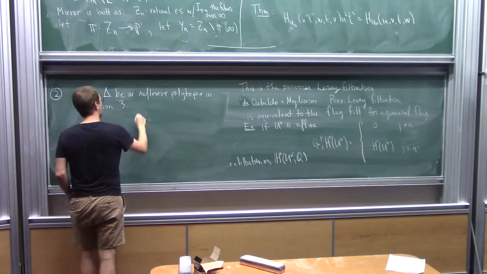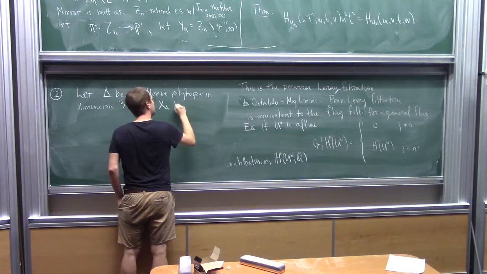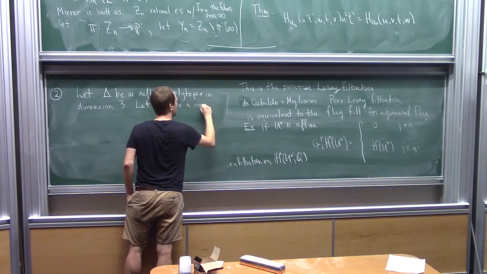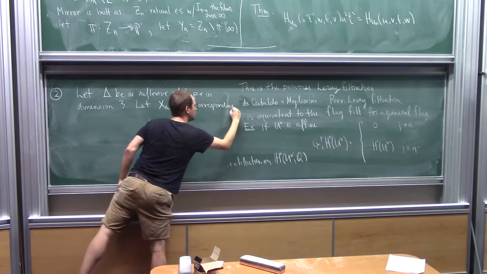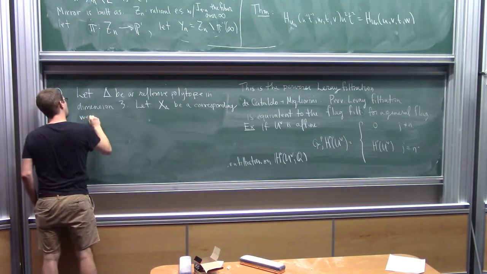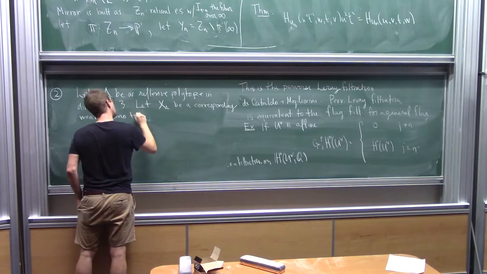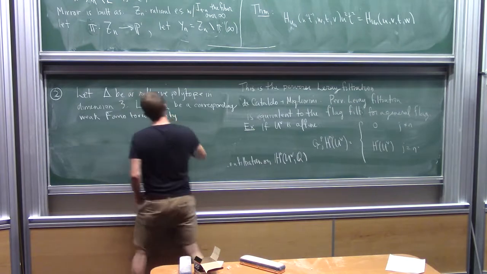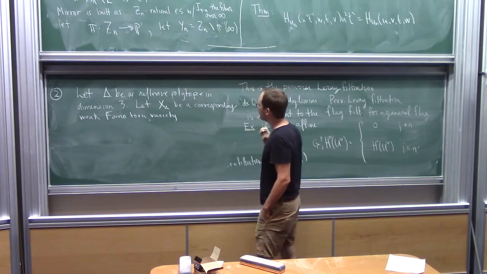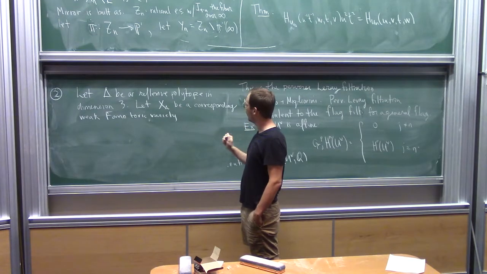Then let X_Δ be a corresponding weak Fano toric variety. To any reflexive polytope, you can associate a Gorenstein-Fano toric variety.